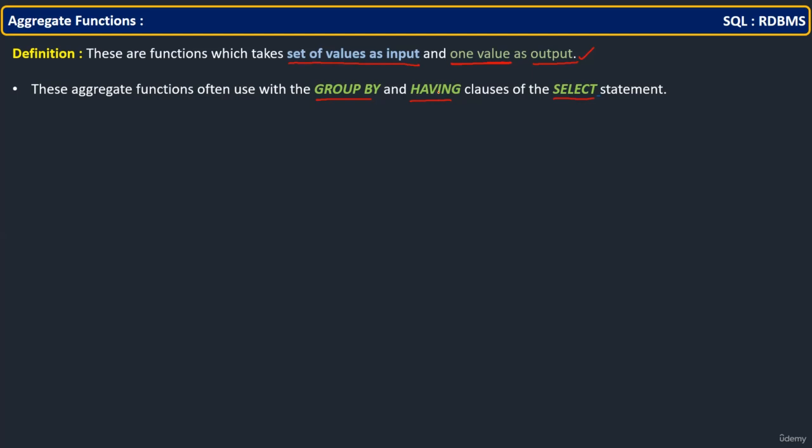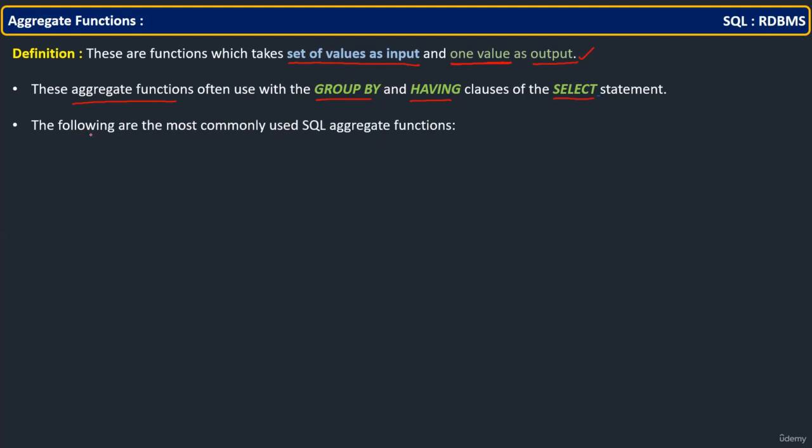We will deep dive into these when we see the corresponding concepts. The main purpose of aggregate functions, you can see the real application in these two only, so we will explore more at that time.